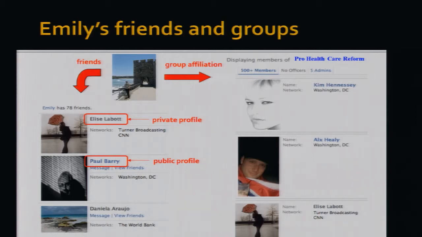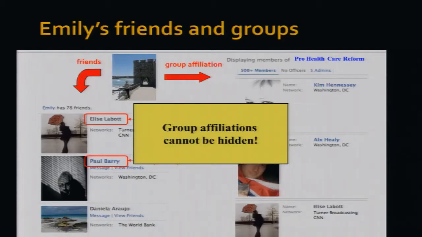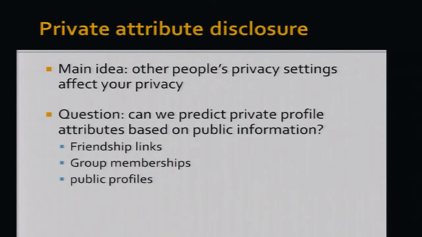So if I joined a group, I wouldn't have control over whether I would be seen as a member, but the person that owned the group did. And so group affiliation can't be hidden by the user. And so how does that play out? It means that other people's privacy settings are actually affecting your privacy. And so you have to think about that.